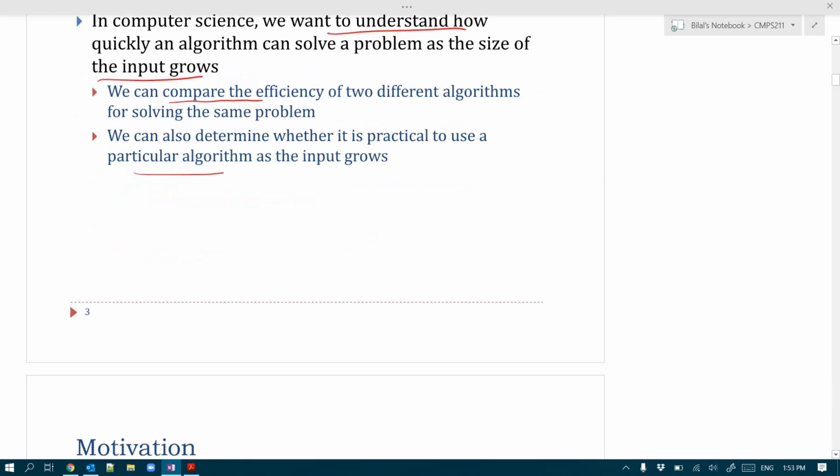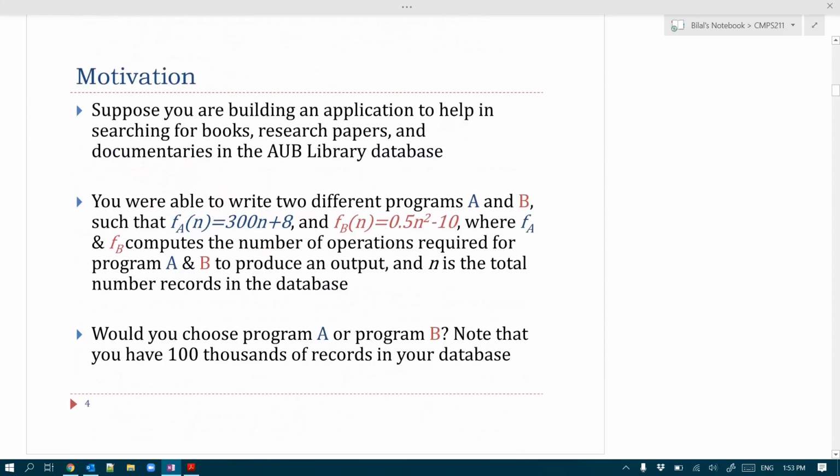As motivation for this, suppose that you're building an application to help in searching for books, research papers, and documentaries. So imagine that the total number of items here in this library database is equal to n. So we have n different items being books, research papers, and documentaries at the library.